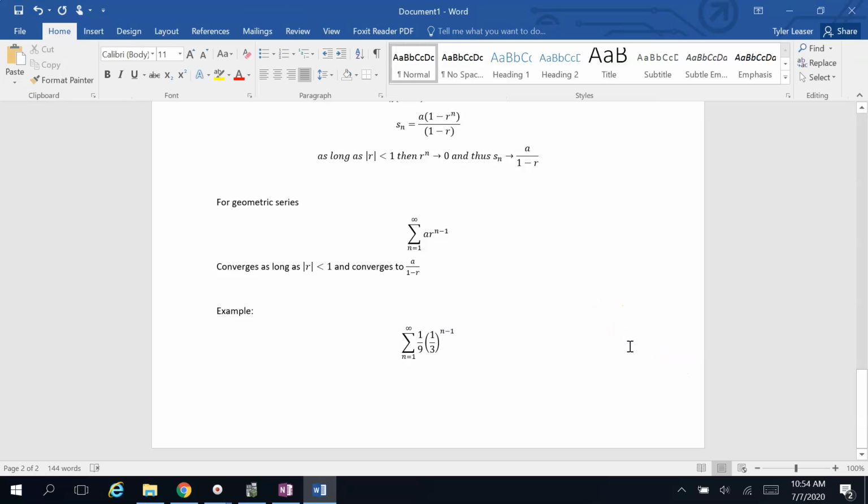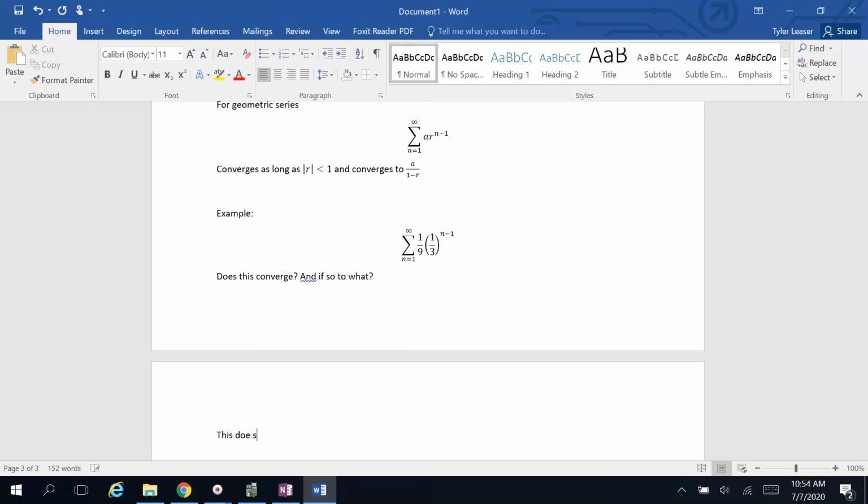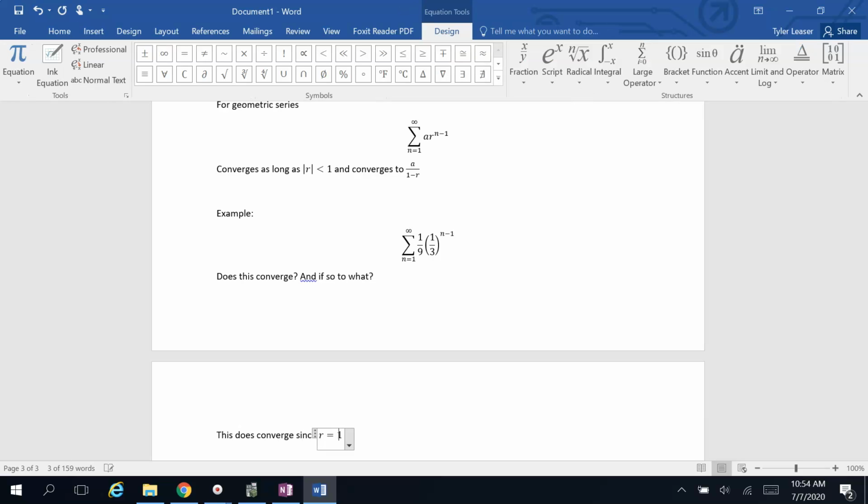The question is going to be, does this converge? And if so, to what? So this does converge since my r value is 1/3, and that is less than 1. The a would be 1/9, my r would be 1/3.